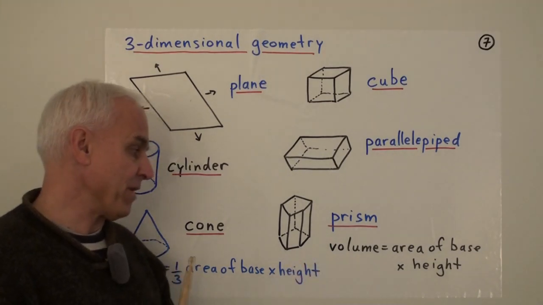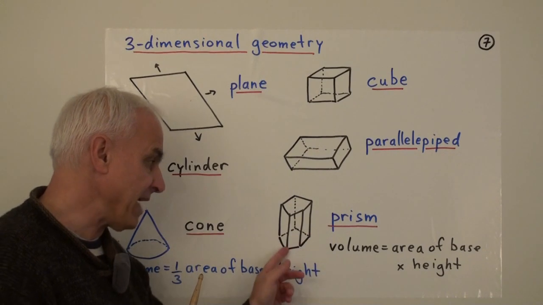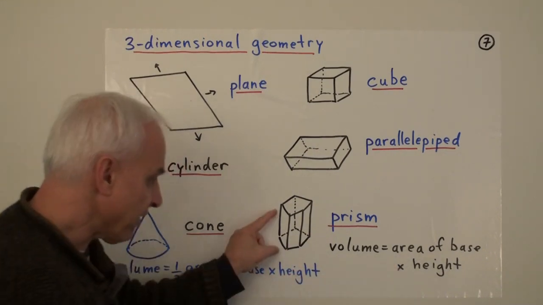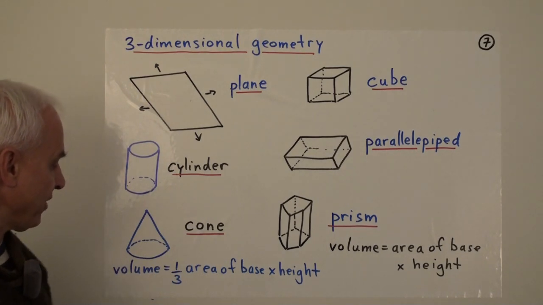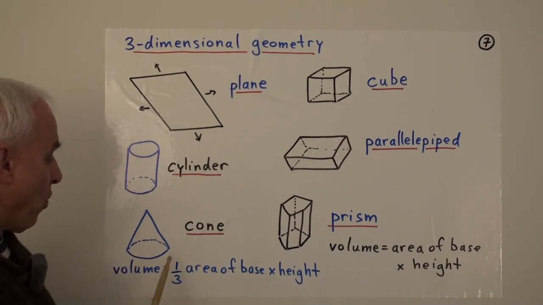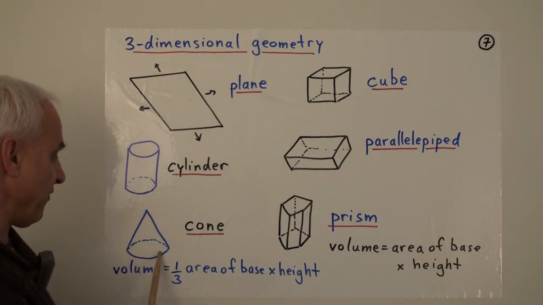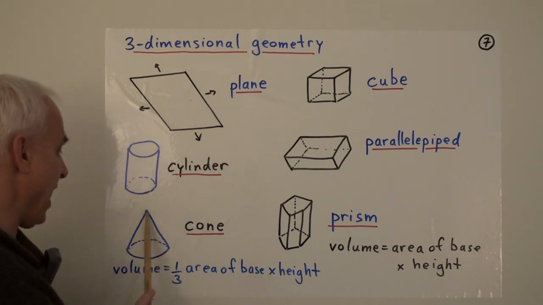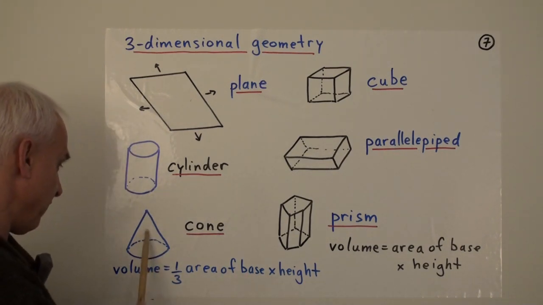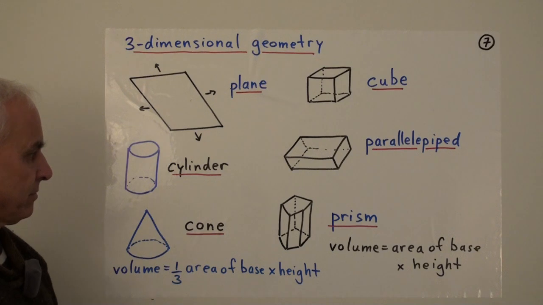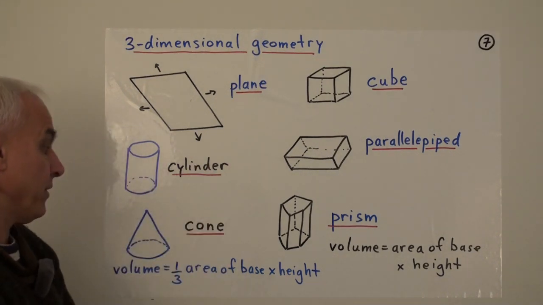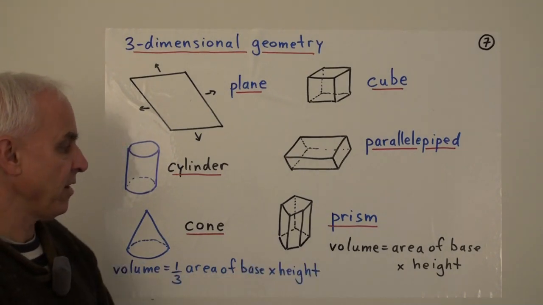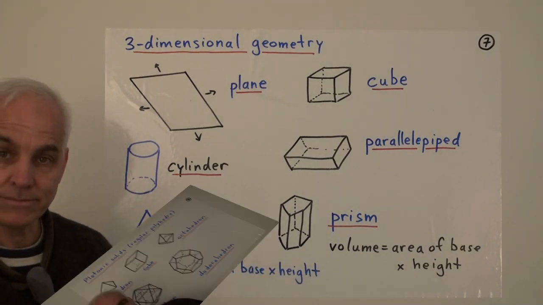So the volume formula for a prism is the area of the base times the vertical height. While over here for a cone, the volume of a cone is 1/3 of the area of the base times the height. Again, the height meaning a vertical height. All right, some basic three-dimensional shapes and two important volume formulas.